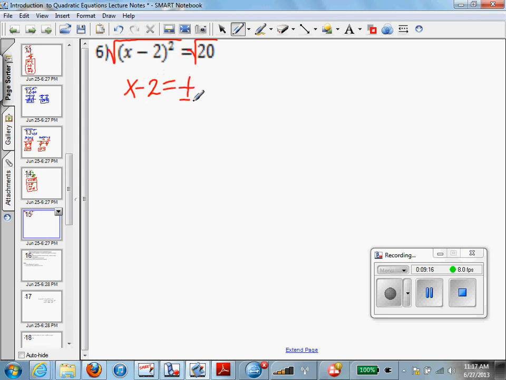Well, on the right side, you're going to have your plus or minus square root of 20. Okay, now you can separate this problem into two halves. So you can have x minus 2 equals the positive square root of 20, and on the other part you can have x minus 2 equals negative square root of 20.